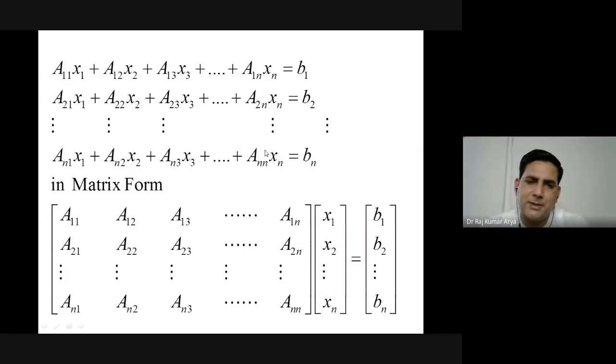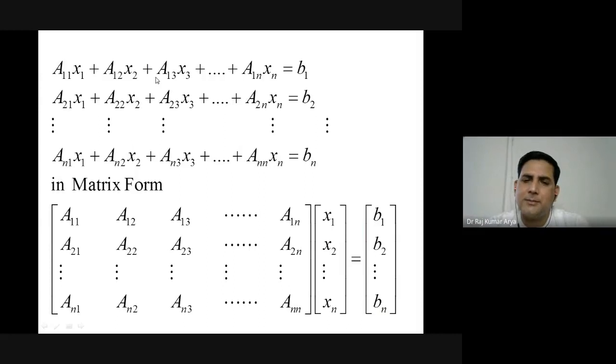So in that case, you can write in matrix format. These are coefficients of all unknowns one by one here. So this A11 is the coefficient of x1, A12 is the coefficient of x2, and A13 the coefficient of x3, and this keeps on going till xn. We'll multiply this first row of matrix A with this column matrix X. So you will get your equation 1.